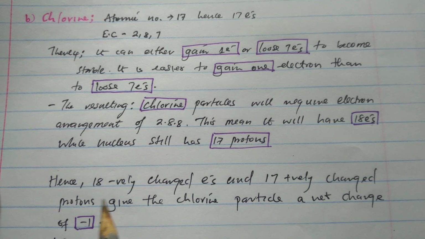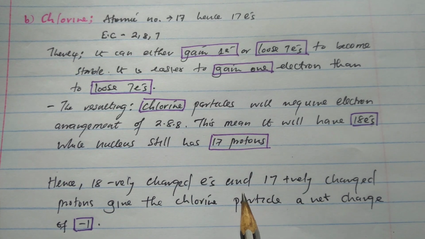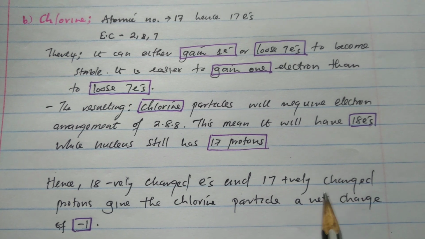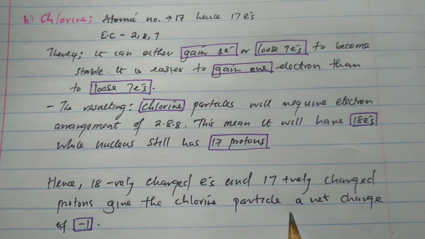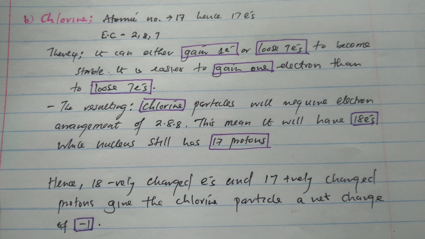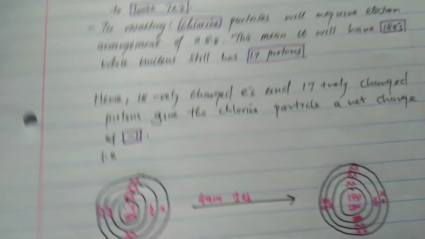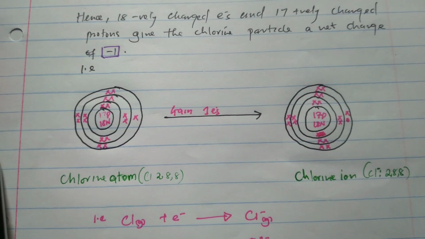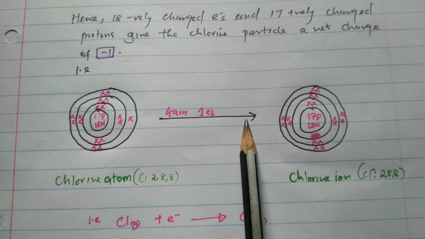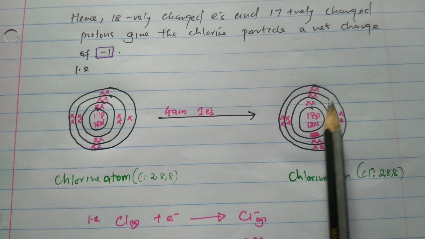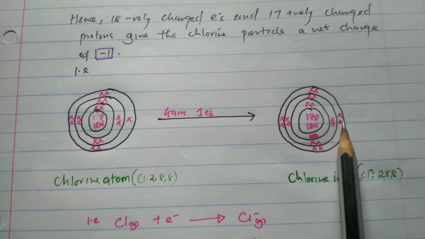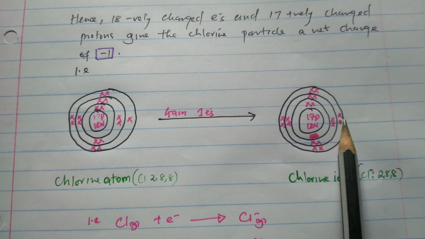Hence 18 negatively charged electrons and 17 positively charged protons give the chlorine particle a net charge of -1. So we have this particular diagram here where chlorine is gaining 1 electron, and therefore has the outermost energy level full, right?